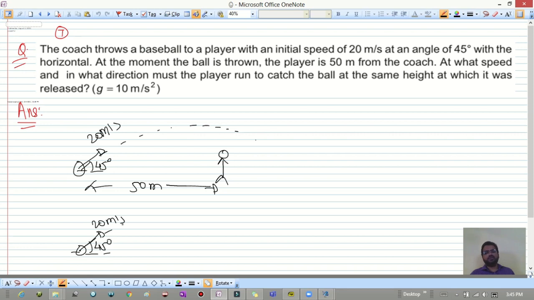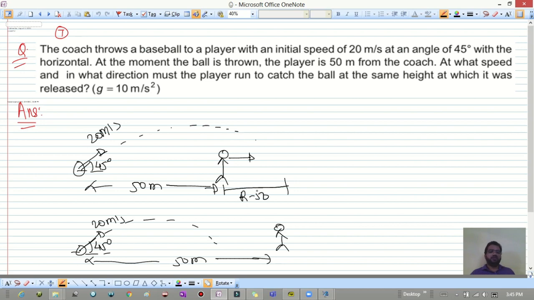The second scenario possible is that the ball lands somewhere here and the player is somewhere here, 50 meters away. So in this scenario he has to run in this direction. Whatever the range is, if it is greater than 50, you have to calculate that distance: range R minus 50.